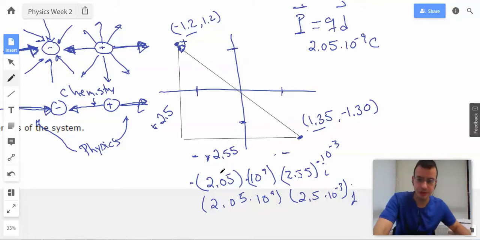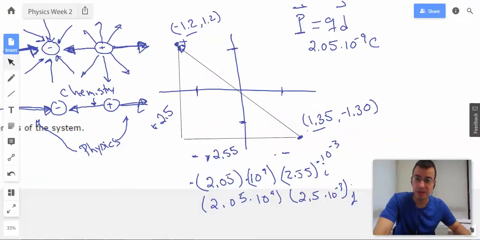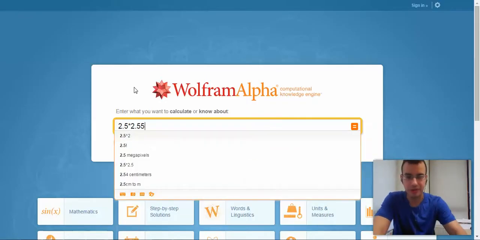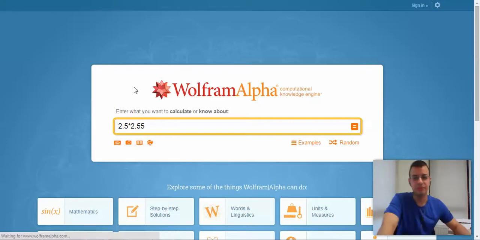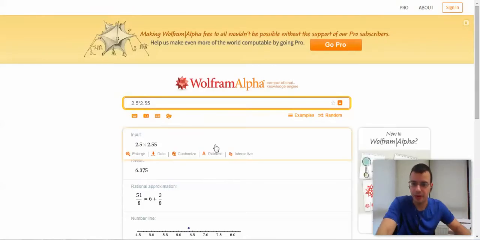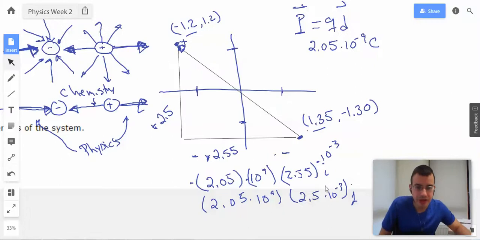All right, but now I'm going to have to Wolfram this, because I do not want to do that in my head. Not saying I could, just even if I could, I wouldn't want to. So 2.05 times 2.55. I don't know, it's like what, 5.2? 5.1. 2.05, 2.55?